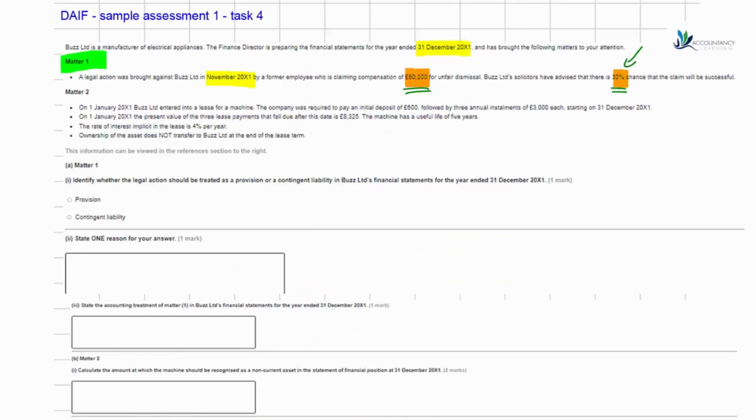So let's return to the question now, and it's asking us to do a number of things here. So we're focusing on matter one, remember. So part one, identify whether the legal action should be treated as a provision or a contingent liability. Well, we've discussed that, haven't we? So contingent liability is the correct answer. And it says state one reason for your answer for 1 mark. So we've discussed quite a lot, but it only requires one answer here.